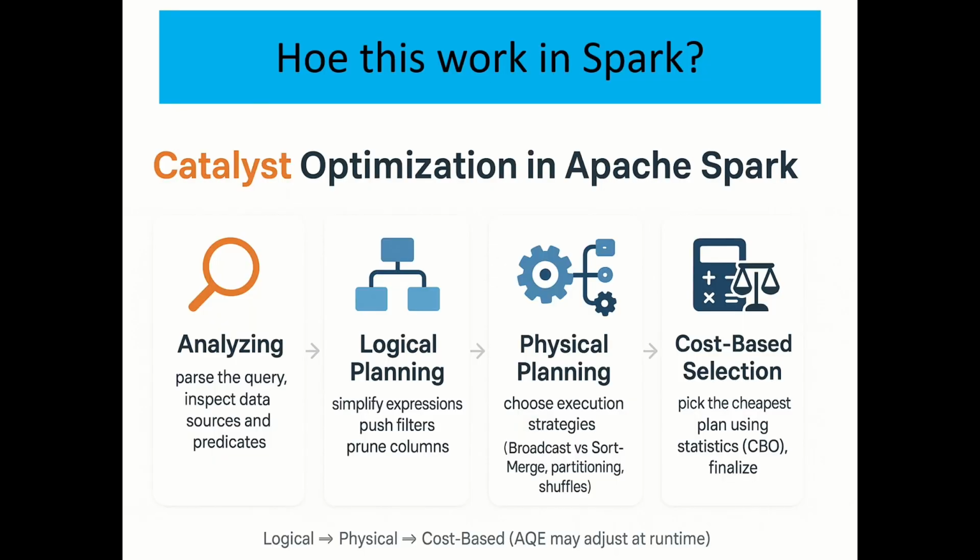How does this work in Spark? Let's understand that part first. We have learned in my previous videos what Apache Spark is. It is a distributed in-memory processing system which helps us process lots of data, terabytes of data, in a small amount of time with proper resources.